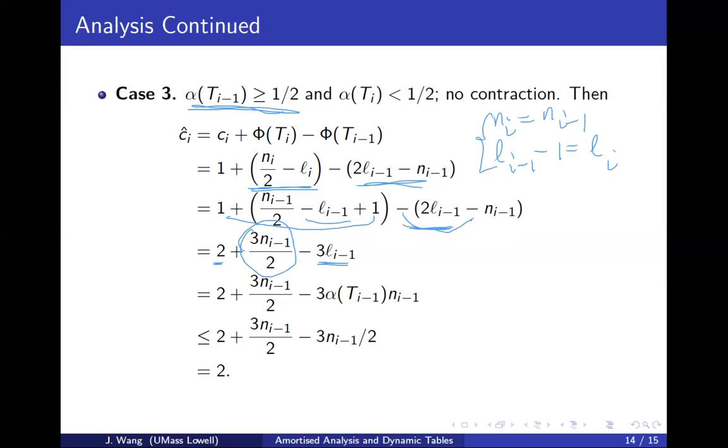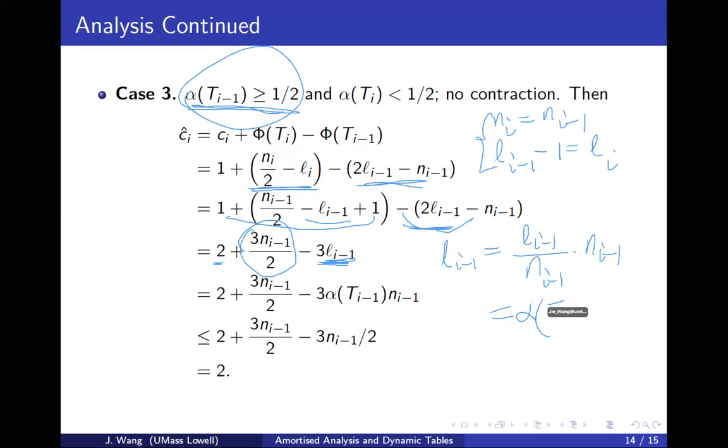Okay, so now I got this, and we are using the same old trick. This L sub i minus 1 is equal to L sub i minus 1 over N sub i minus 1 times, and this is alpha, because we want to use this.